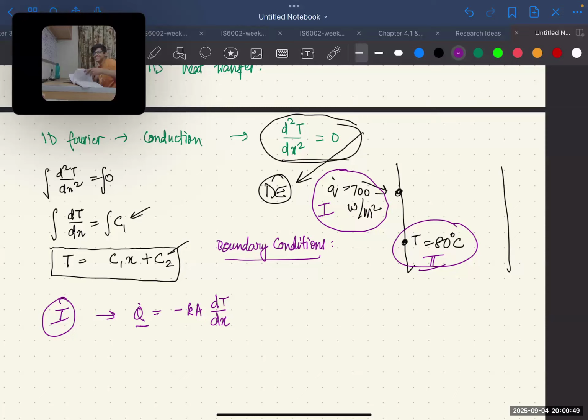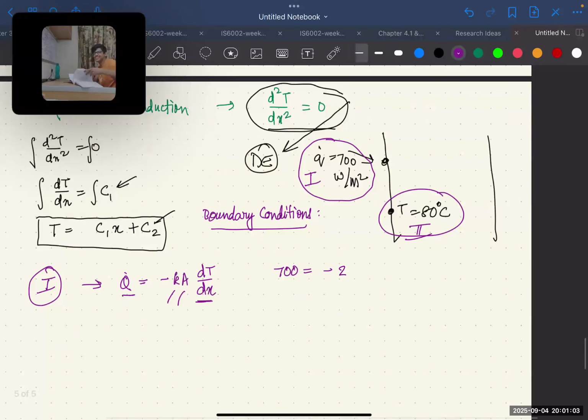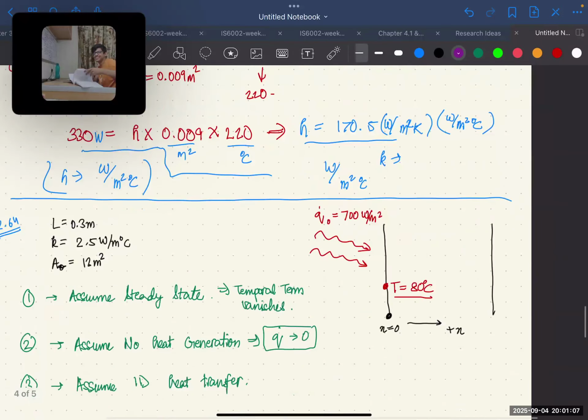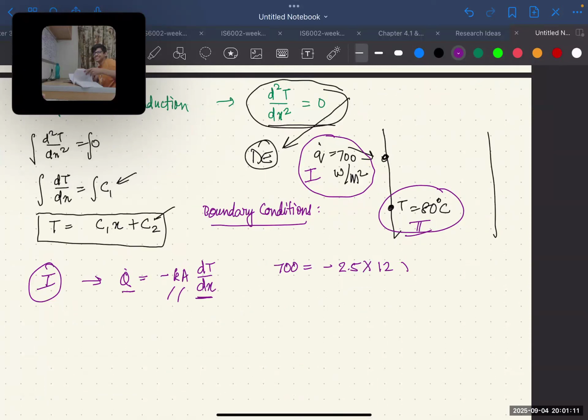Yes, we know k, we know A, we just don't know dT over dx. So we can say 700 equals minus k, which is 2.5, times A, which is 12 meter square, times dT over dx. Everywhere we are using SI units.